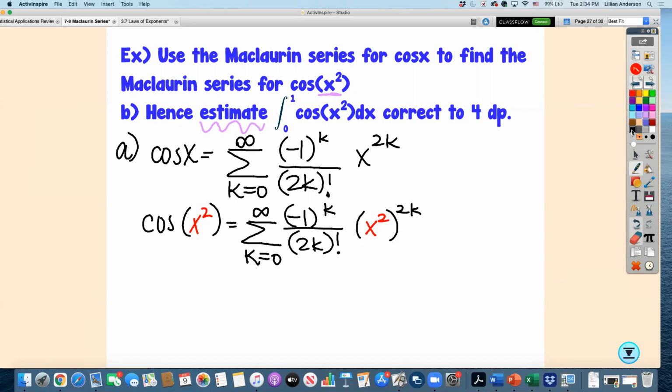So then that's going to become the sum from 0 to infinity of -1 to the k power over 2k factorial times x to the 4k.